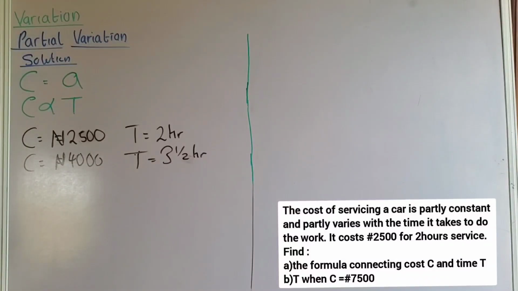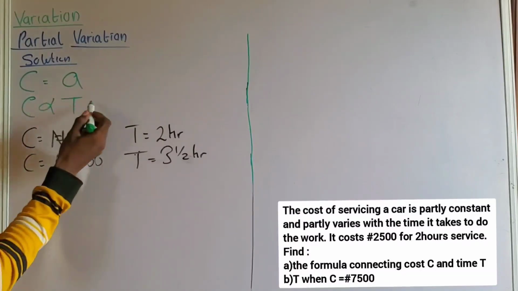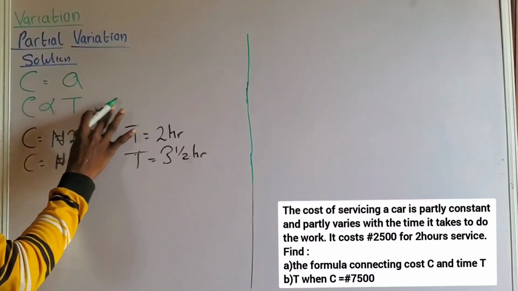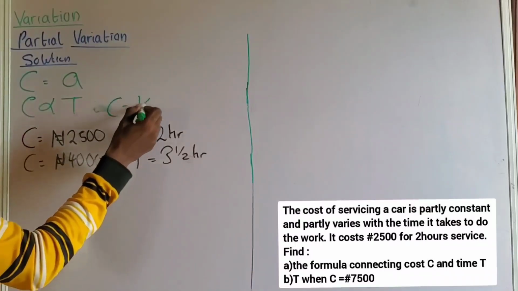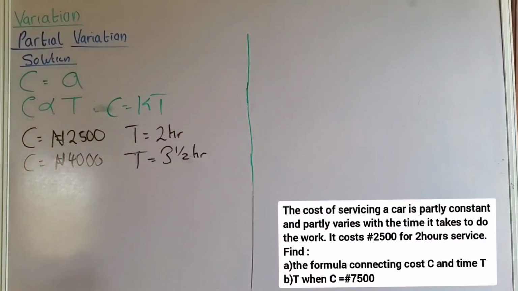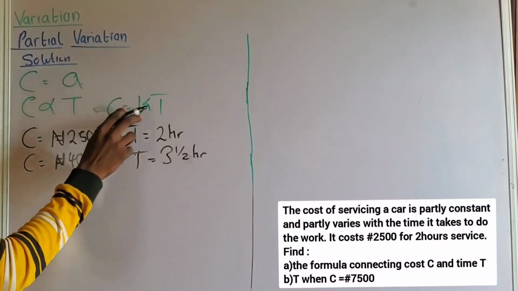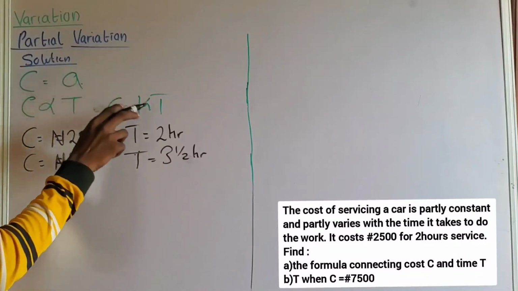Now we are asked to find the formula connecting C and T. How do we find it? It's simple. Don't forget the previous example that I did. We can change this to C equals KT. If you want to write a single expression for C, you have the constant and the sum of the constant and this KT.